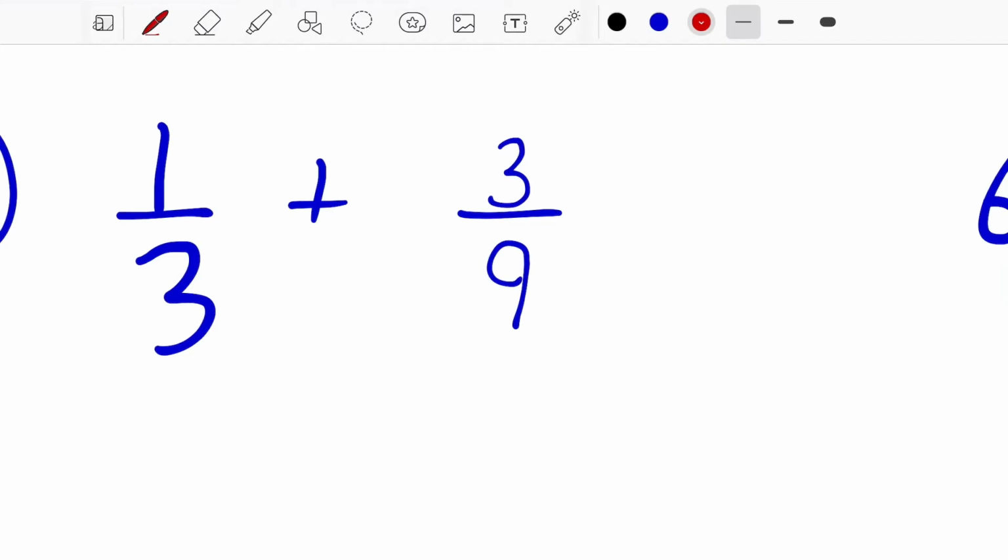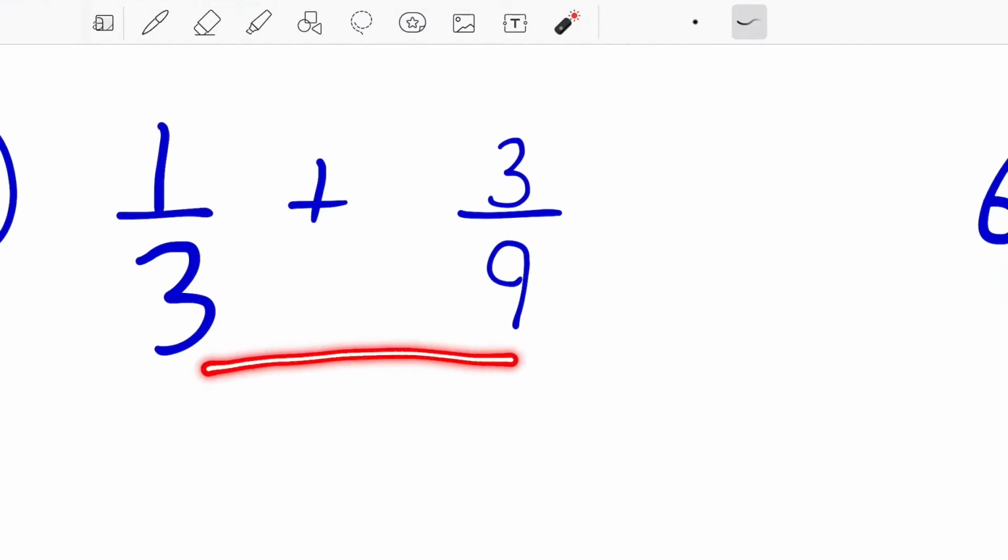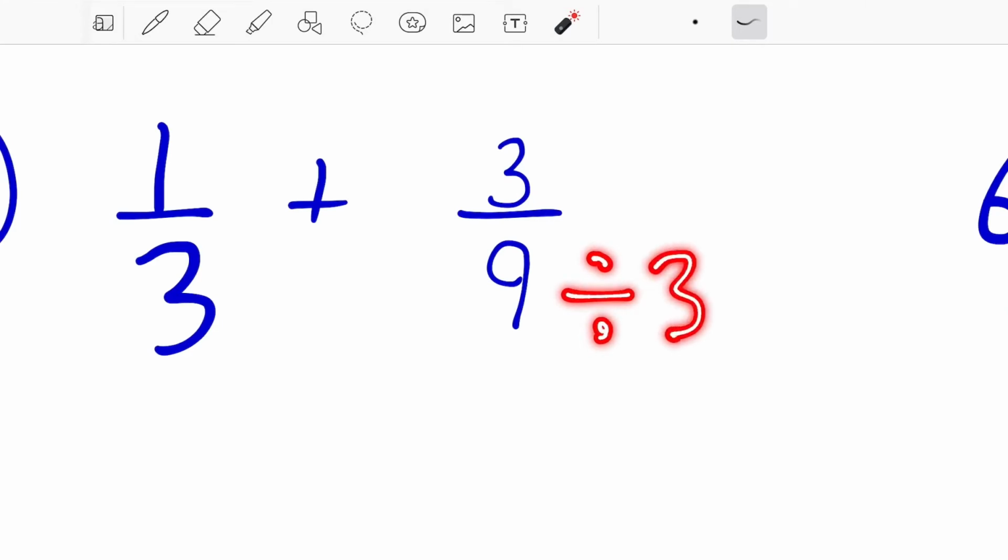So instead of multiplying to make the smaller fraction equal to the bigger fraction, we can also divide. So we can work towards making 9 equal to 3. So we can say, well, 9 divided by 3 is equal to 3, and we will get the same denominator.